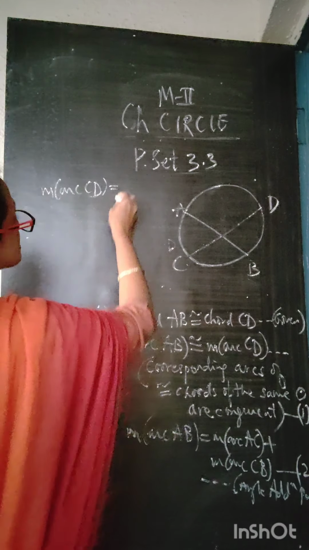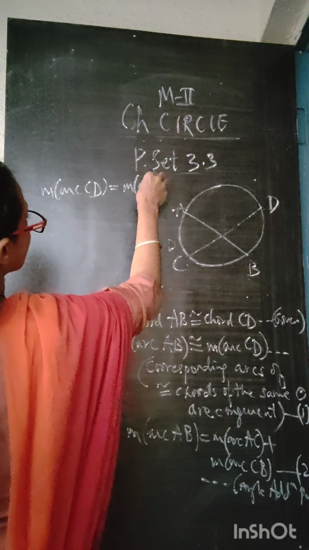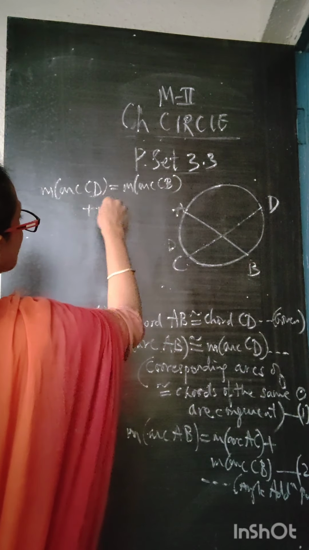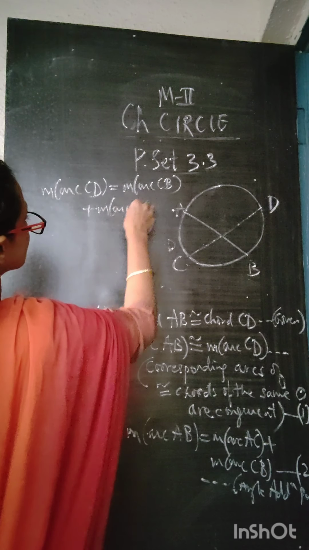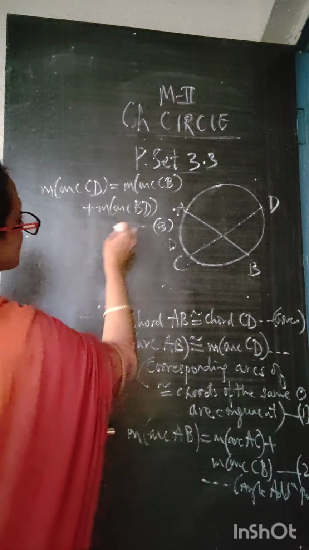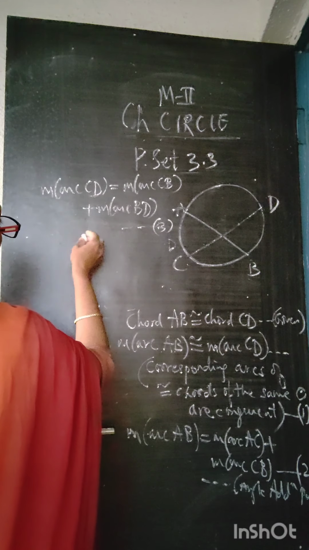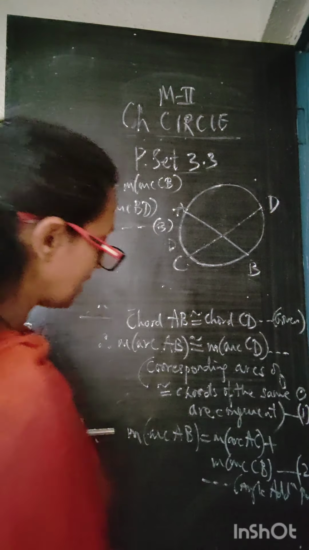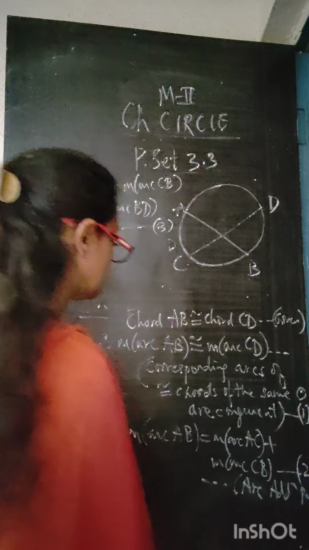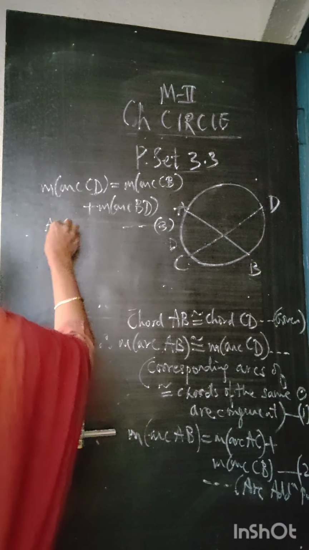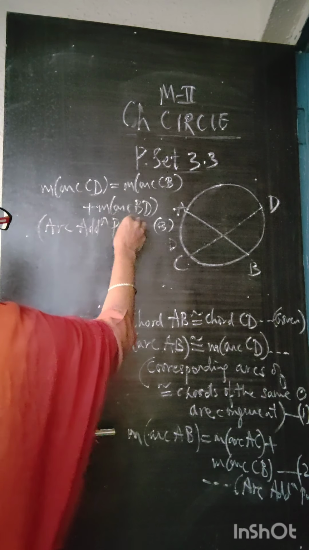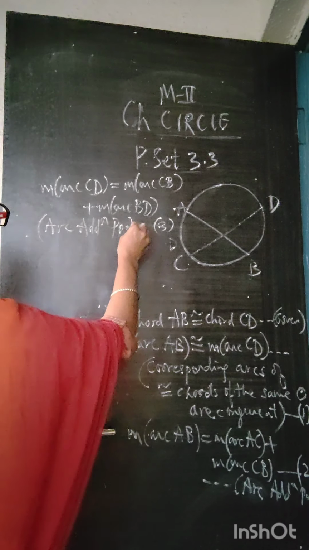So measure of arc CD is equal to measure of arc CB plus measure of arc BD. Equation number 3. The reason: arc addition postulate. I have written angle, sorry, arc addition postulate.